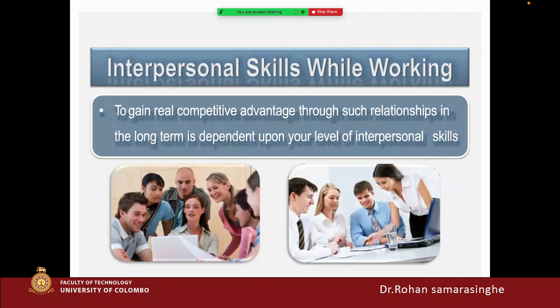Another one is to gain real competitive advantage through such relationships in the long term, which depends on your level of interpersonal skills. If you are honest, make friendships with others, know how to speak with others, honor your superiors and respect others, they will have a good image of you.